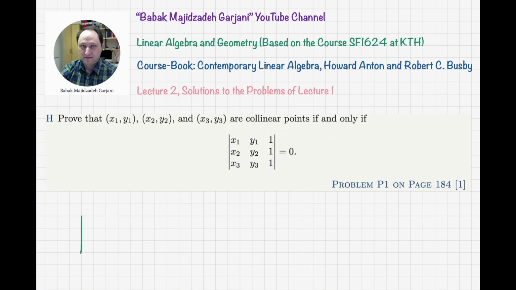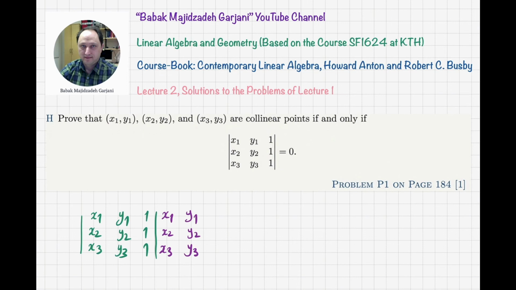So I will have x1, x2, and x3, y1, y2, and y3, and then I have 1, 1, 1. Then I repeat the first two columns, x1, x2, and x3, y1, y2, and y3.